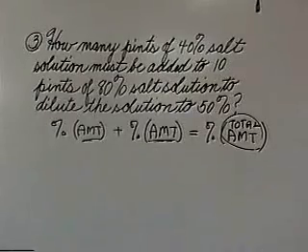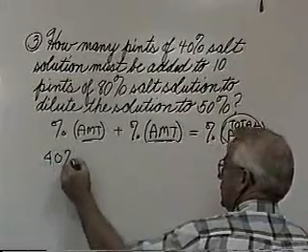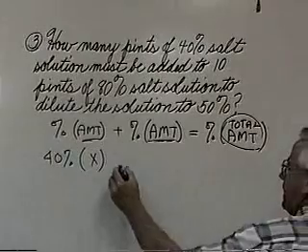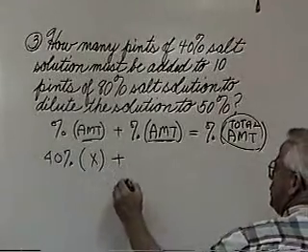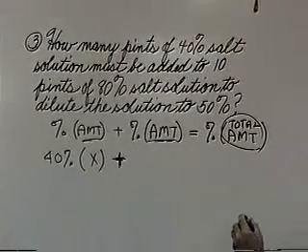So let's go back and read the problem now and plug in numbers. It says, how many pints of 40% salt solution? Well, let's see. So we're going to put 40%, and here we don't know how many pints that's going to be. And that's going to be added to 10 pints.